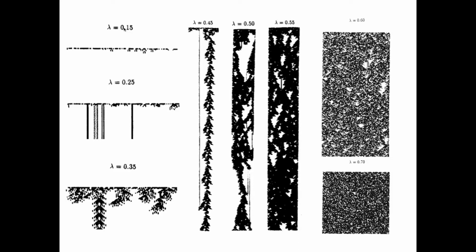Let's say you choose a set of rules. Then you calculate the probability of getting one in the next step. That's lambda. So you can see that if lambda is small, you quickly stop. If lambda gets bigger, you have something like a fixed point. If it's even bigger, maybe something like a limit cycle.